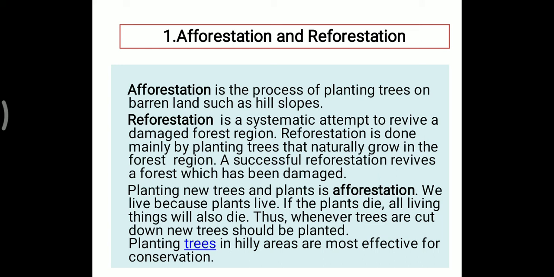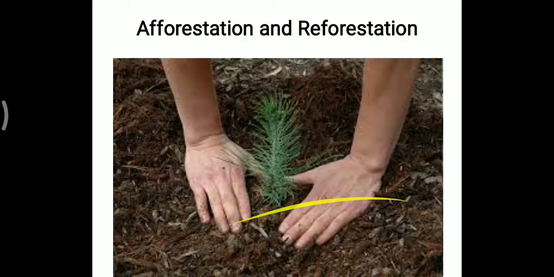Students, you might have seen that many forests get destroyed by forest fire or some other activity. If we can revive the forest by growing the same type of trees, then it is known as reforestation. Now let us discuss another method of soil conservation.